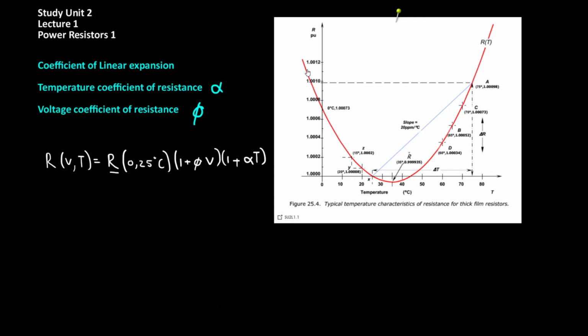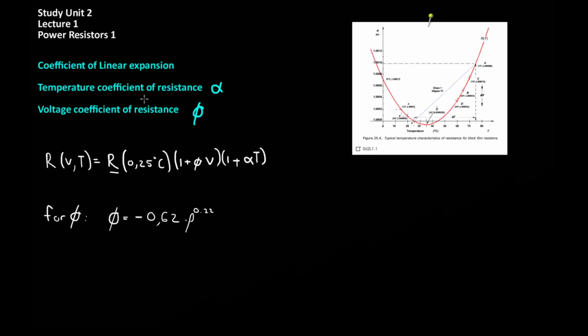This can be seen in this graph from the reference text. The actual variation in resistance as a function of temperature follows a quadratic function as opposed to a linear one. As with the temperature coefficient of resistance alpha, the voltage coefficient of resistance phi is also not necessarily a linear or even a quadratic function.